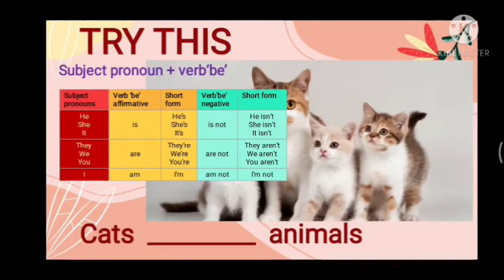What about this one? Look at the subject. Cats. Okay, which one will be the pronoun for cats? It or they? It's they. Why? Because cats here come with S, meaning there are more than one cat.